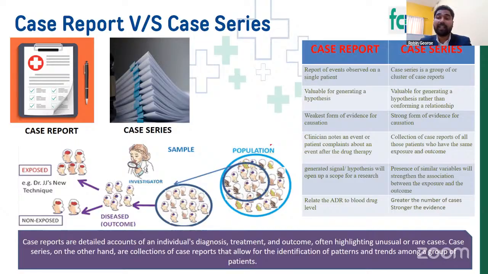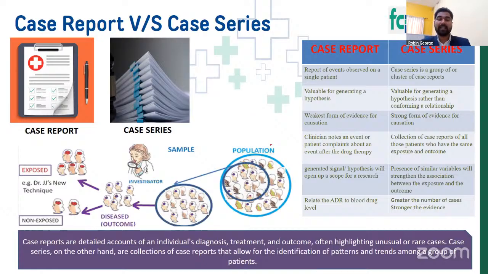This is what a case series is. A case report is a report of the experiences or events of a single patient, whereas when we collect n number of cases of the same exposure and outcome, that is called a case series.